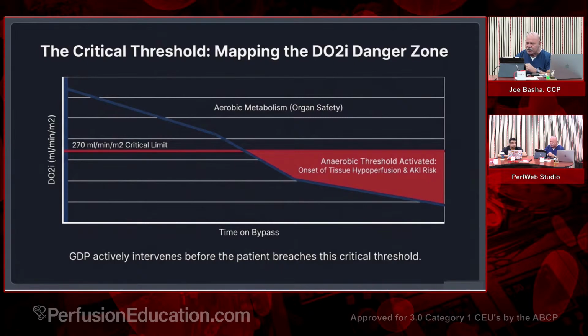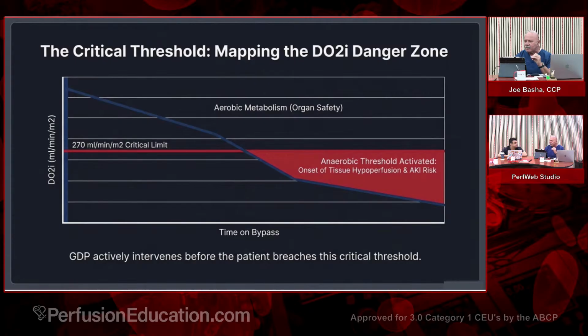The kidneys are extremely sensitive to hypoperfusion. If you look at the PO2 of the kidney in the glomerulus, it's down at 25 millimeters of mercury. It's very, very low.